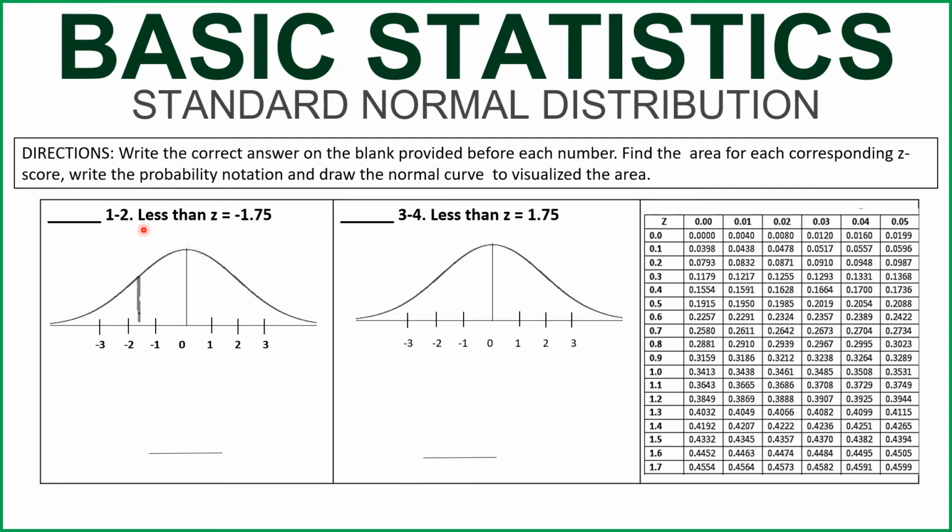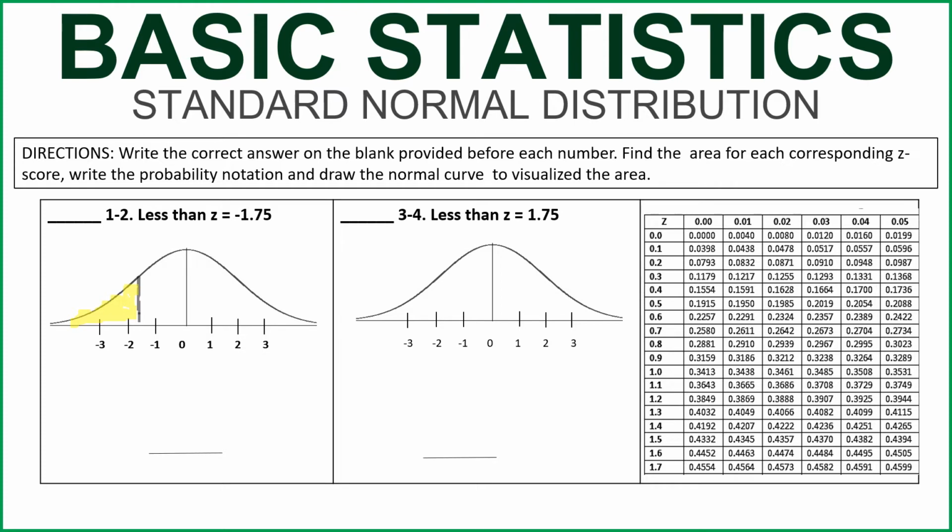Tignan natin yung problem. Less than z equals negative 1.75. So, ibig sabihin, less than, yung z natin, mas mababa sa negative 1.75. So, i-draw muna natin kung nasan yung negative 1.75 natin.